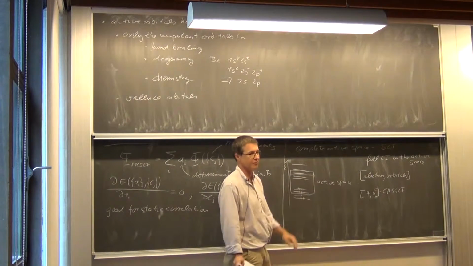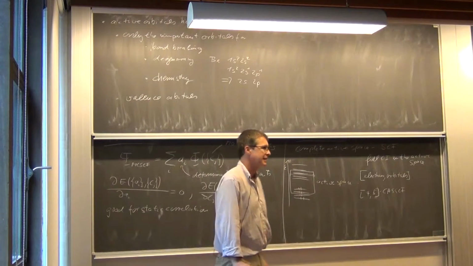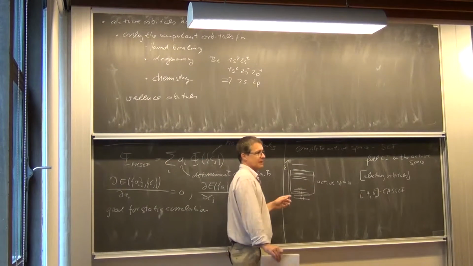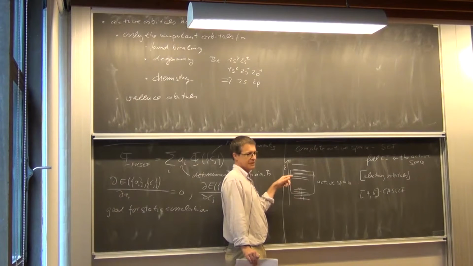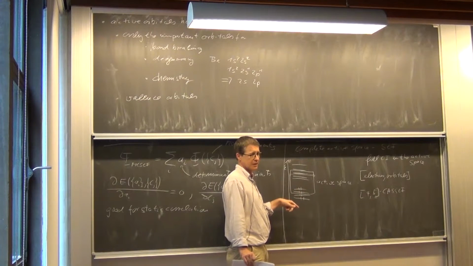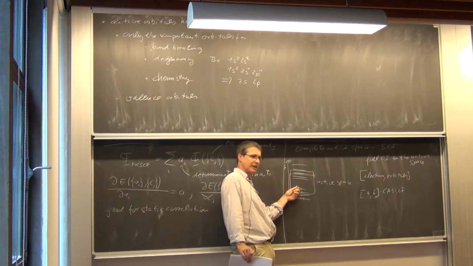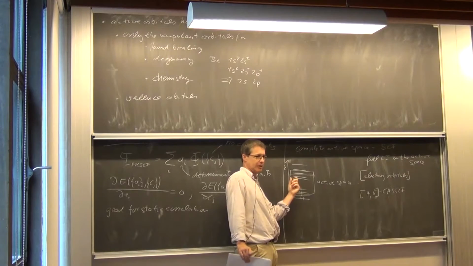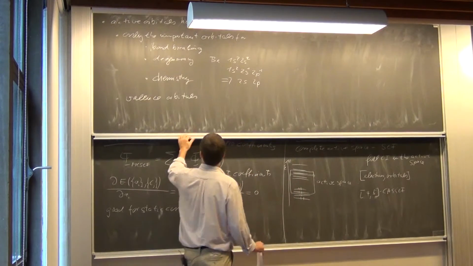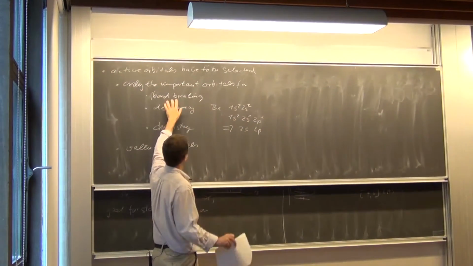So you have to have some virtual orbitals, and you want to have enough of them. So I would say a minimal meaningful active space would be that for each occupied orbital, you have a corresponding empty orbital.